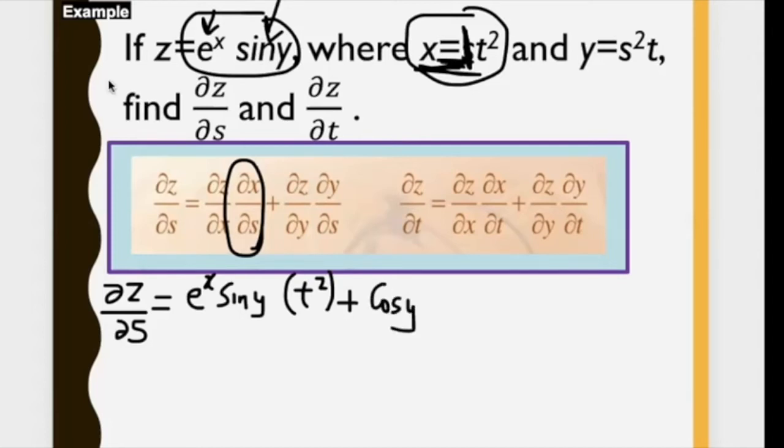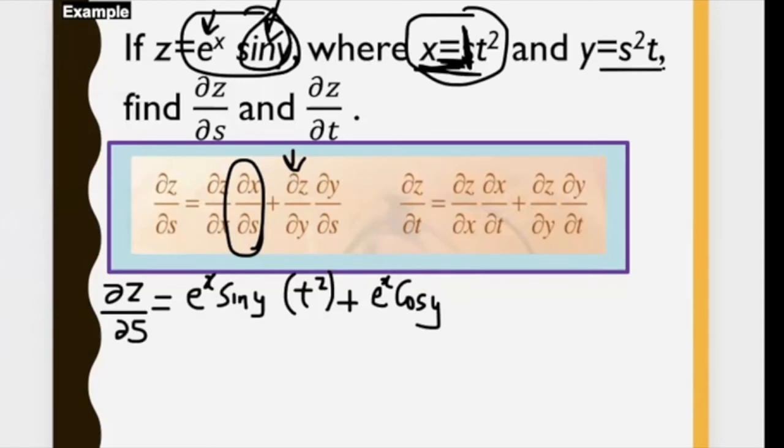And if you prefer to do it as it is ordered, then I will just rewrite e to the x. You can put e to the x in front, while others would put it behind. It really doesn't matter. So I find the partial derivative of z with respect to y, and we differentiate sine y to get cos y and rewrite e to the x.